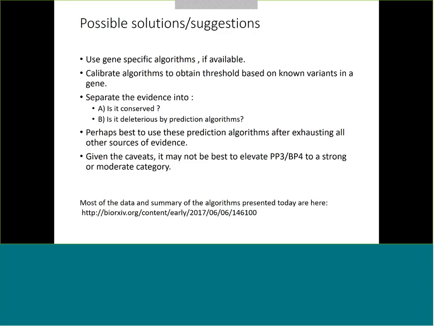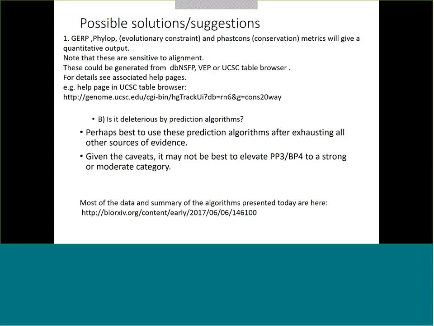I'm saying this because there are caveats in it, and depending on the number of algorithms you're using, you may have false concordance rates. And also, given the caveats, it may not be best to elevate PP3 evidence to a strong or moderate category. So if you go to the next slide.